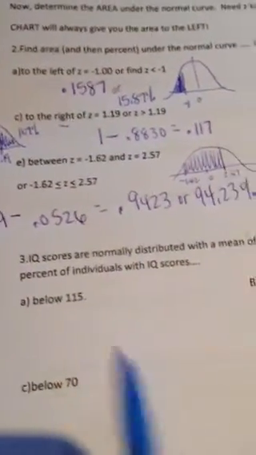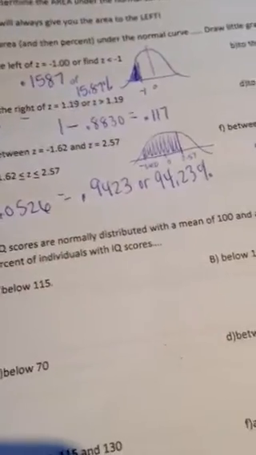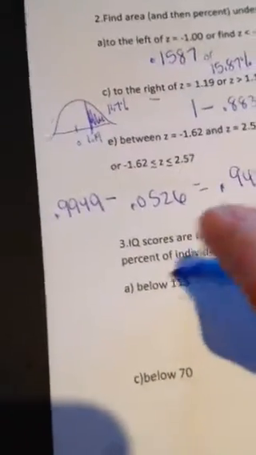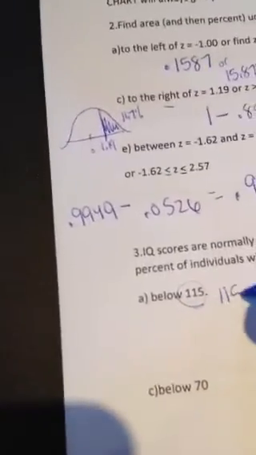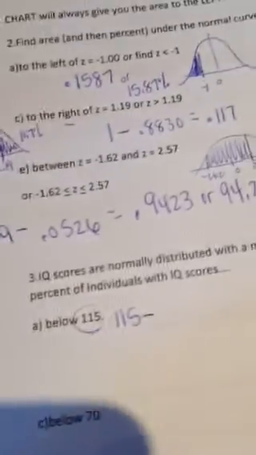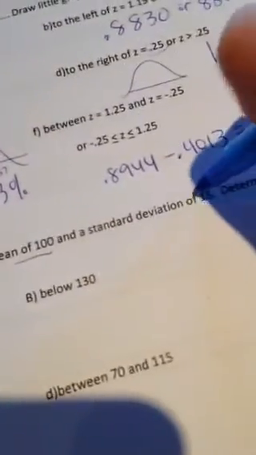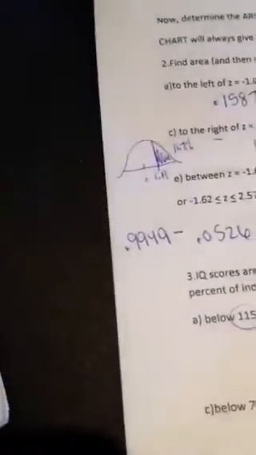The trick to all of these problems is to first find the z-score. Remember how we found the z-score? You took your value, so take the 115. You subtract the mean, which is 100, and divide by the standard deviation, which is 15.